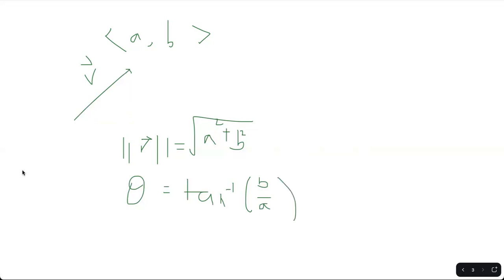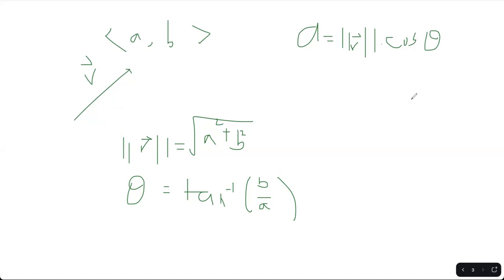Two more things are the horizontal and vertical components. Let's say you know the magnitude and direction, but you don't know a and b. a is going to be equal to the magnitude of the vector times the cosine of the angle, because the horizontal component is the adjacent side.